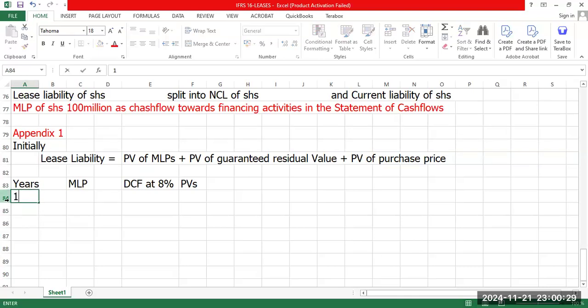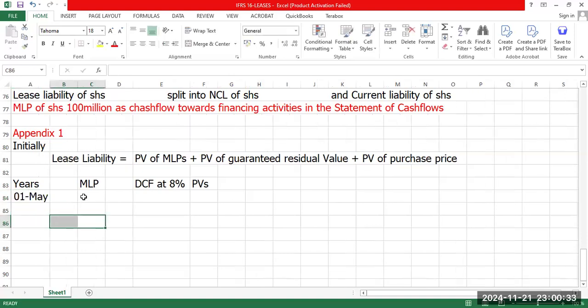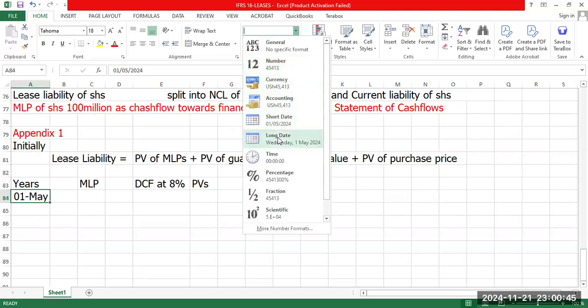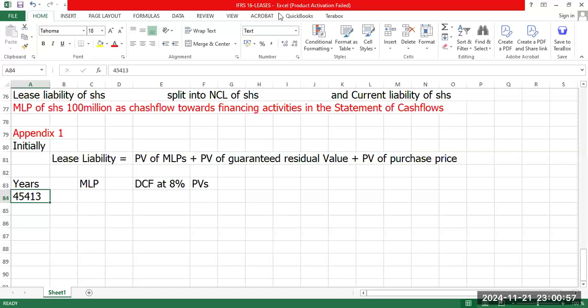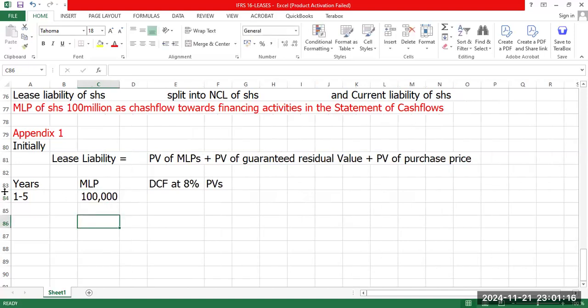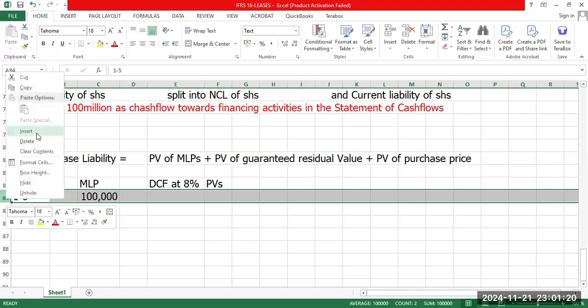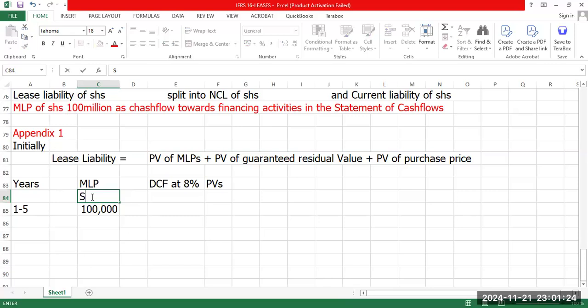So here with annuity, I say 1 to 5. Every year we are paying 100 million. Let me put my figures in shillings.